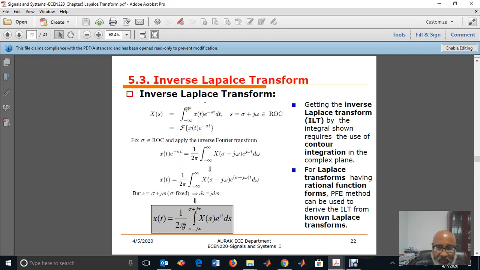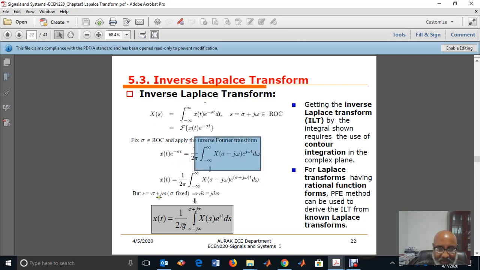This is the original equation of the Laplace transform. As you see, the Laplace transform is the Fourier transform of x of t e raised to the power of minus sigma t. Therefore, x of t e raised to minus sigma t will be this integration.